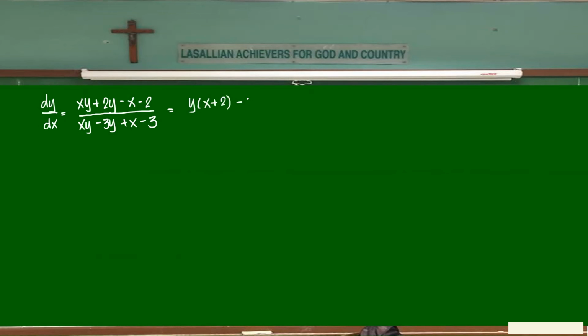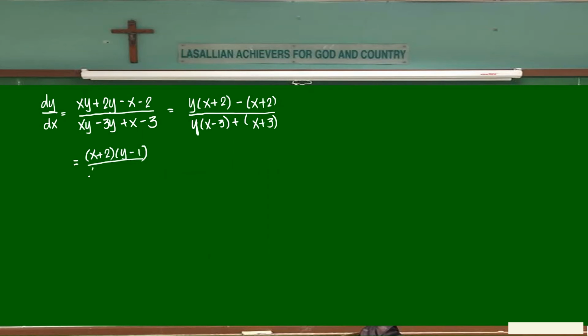I can factor out the negative sign or negative 1. It's going to leave me with x plus 2 all over factoring out the y, that's x minus 3. Factoring out positive 1, that's x plus 3. So this one, if you factor out x plus 2, you're left with y minus 1.